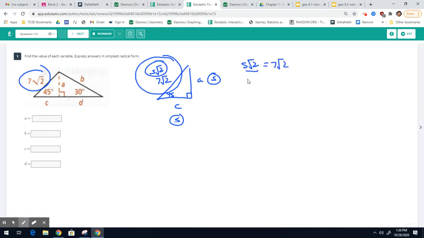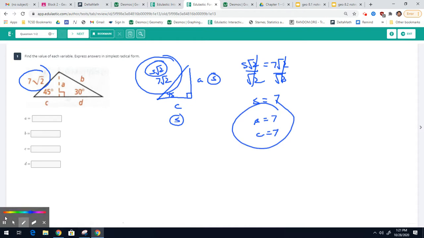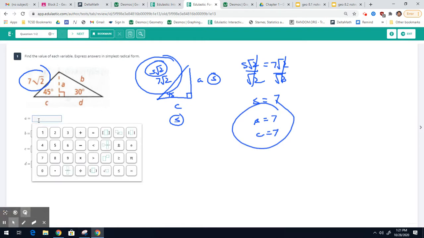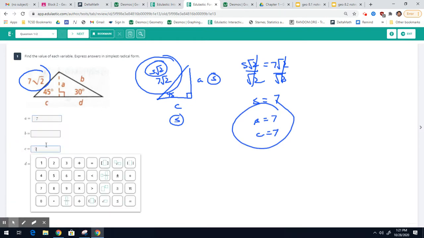So simply divide both sides by the square root of 2. They cancel here. There's your S. And what's nice about how this problem was set up is that they also cancel here. There's no rationalizing. Your S is just 7. So your value of A and your value of C are both 7. Over here in these boxes, I would just put 7 for A and 7 for C.